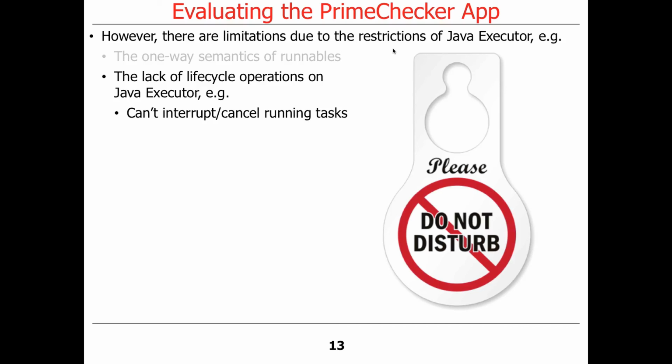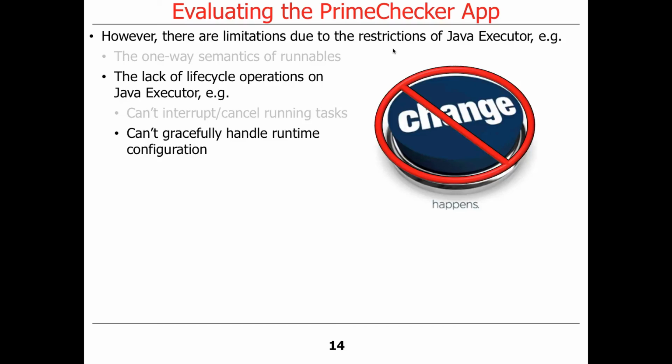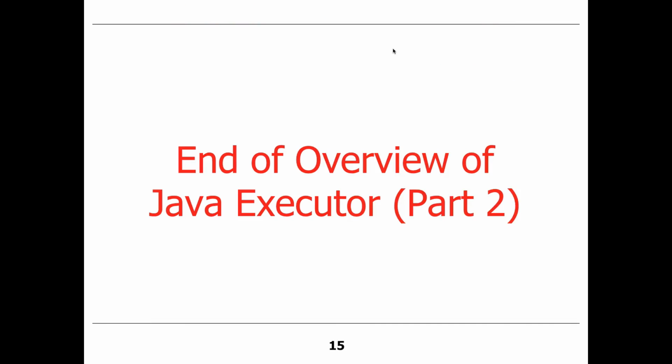So that's kind of bizarre. We can't clean things up. If we turn the phone, then there's no way to stop those threads. They'll just keep running, but they won't print anything out, which is disturbing. And the other problem is you can't gracefully handle runtime reconfiguration changes, so changes don't happen appropriately. All right, so that's the end of that discussion.